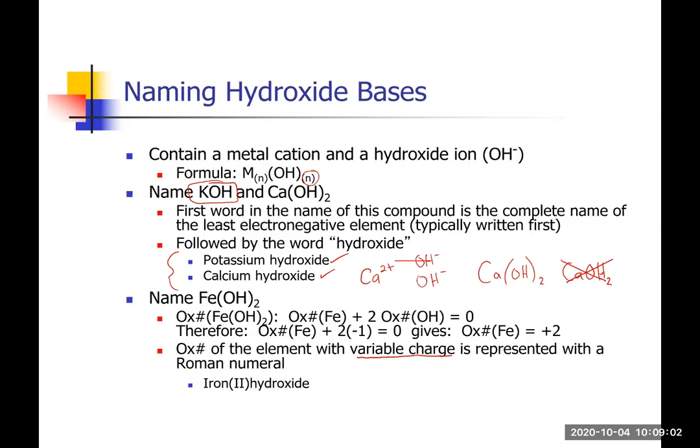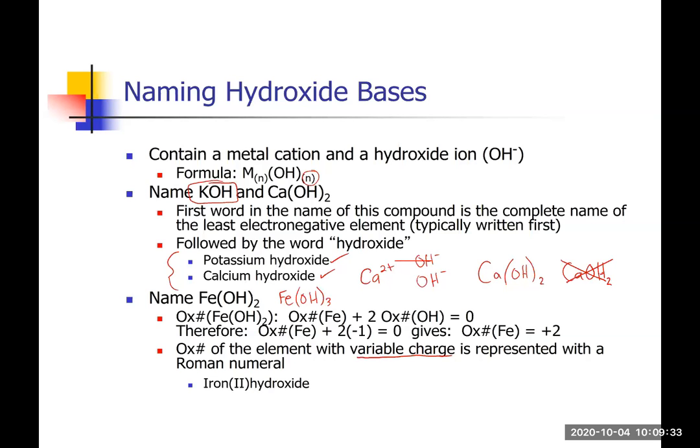So we need to calculate what specifically that oxidation state is on that iron, because just writing iron hydroxide doesn't tell the person who's writing the chemical formula what the charge is, and they won't know how to write that chemical formula. Iron could be written in a couple of different ways. It could be written as Fe(OH)3, for example.